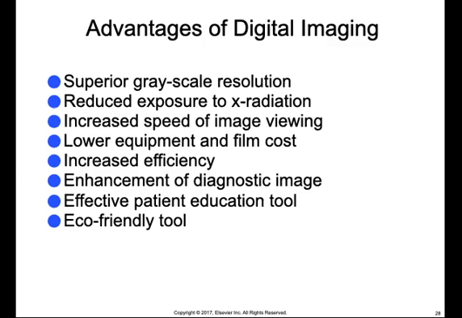Also, the exposure of digital radiography is about 50 to 80% less than that required for conventional radiography. The nice thing is that the images can be viewed instantaneously, and no film costs or disposable costs are necessary. It's a greener alternative because it doesn't use any chemical processing or generate any hazardous waste materials.